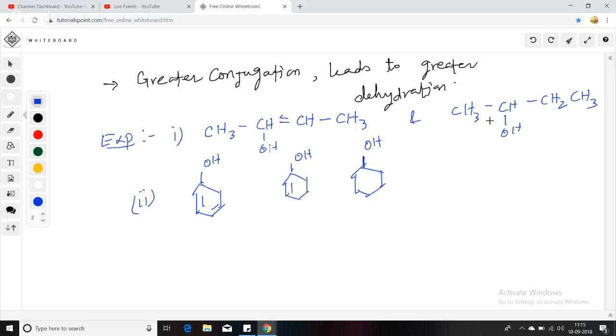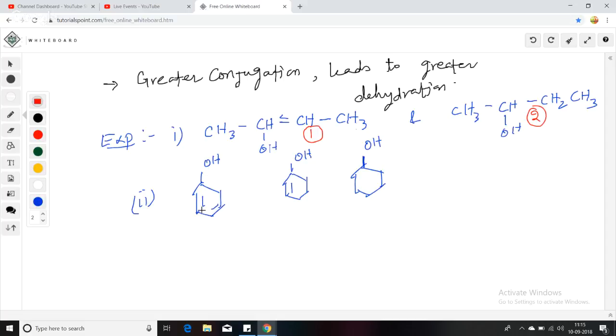So obviously, if I ask you in these first two molecules in which dehydration is possible more easily, obviously the first one is more easily dehydrated than the second one. So dehydration of this is easier than this. Now coming back with the same logic in this particular example, we have greater conjugation here, pi, sigma, lone pair.